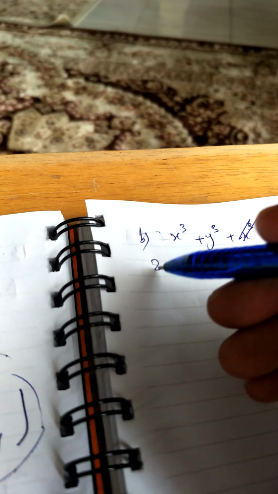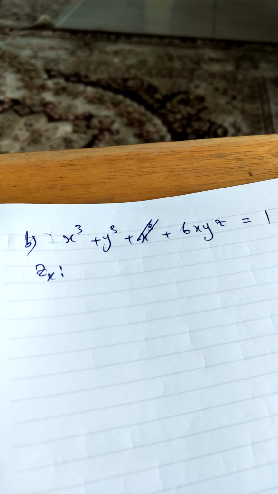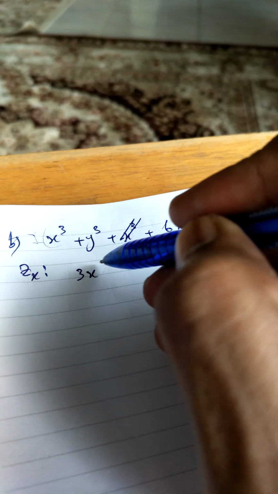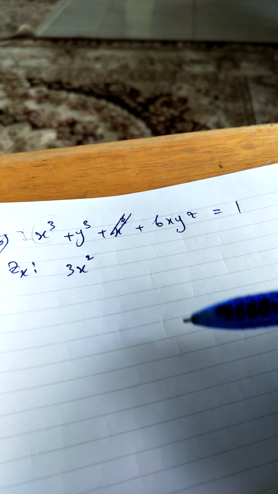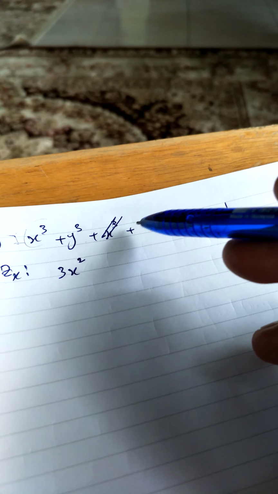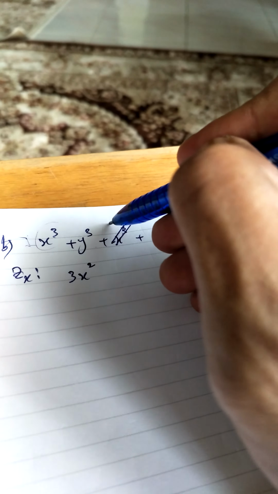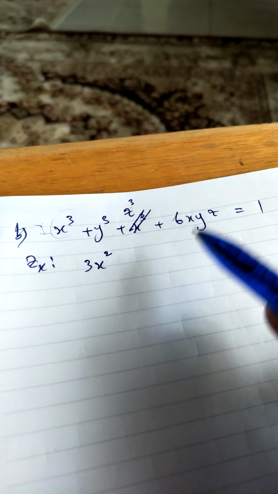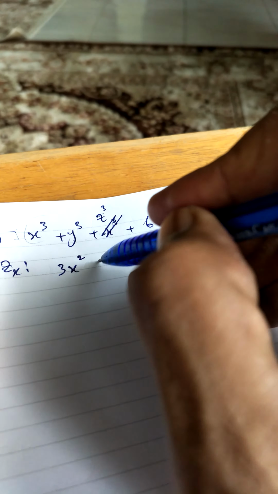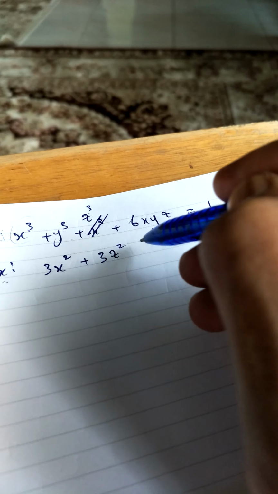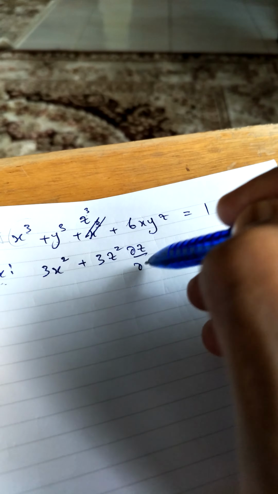Now we want to differentiate with respect to x. Here, differentiating x cubed, we have 3x squared. y cubed gives you 0. Sorry, this is z cubed. So we differentiate with respect to x and you have 3z squared del z del x.